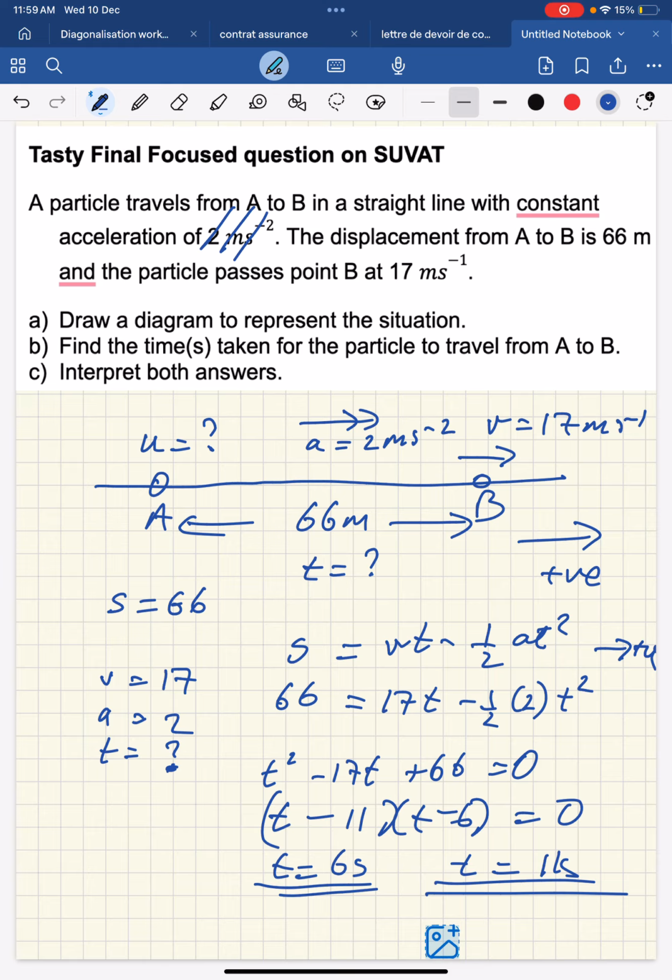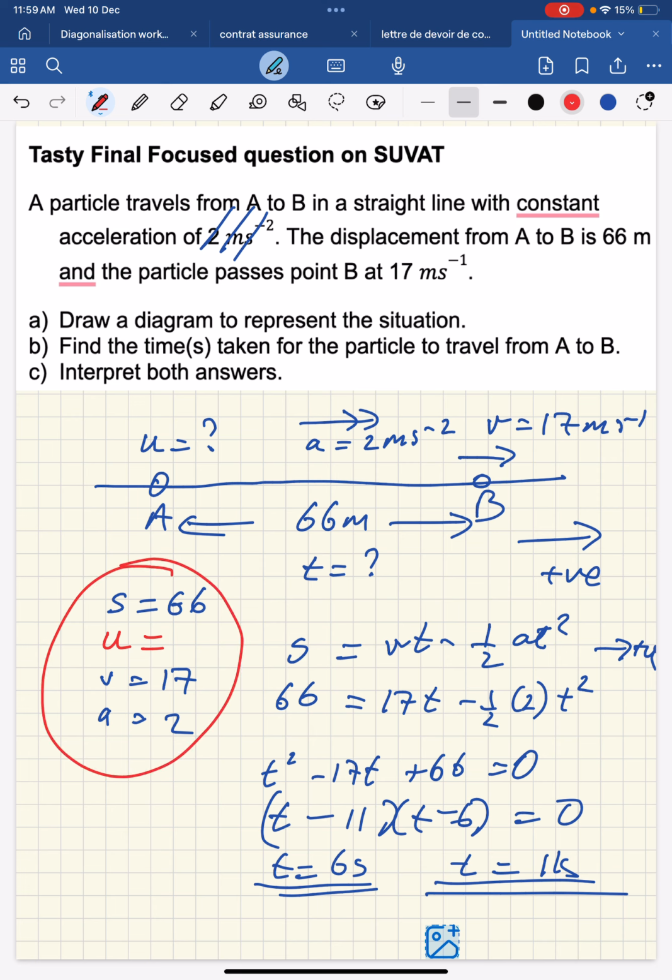Now I'm going to show you why they make sense. The key to making sense of this is to understand what the initial velocity might have been in this situation. So if we go with this equation again and ignore the T, we work out the initial velocity for this situation.